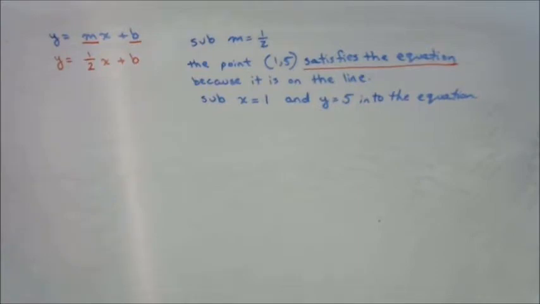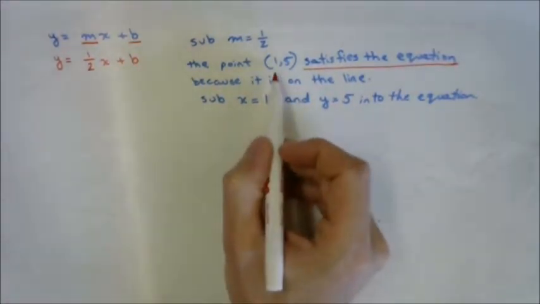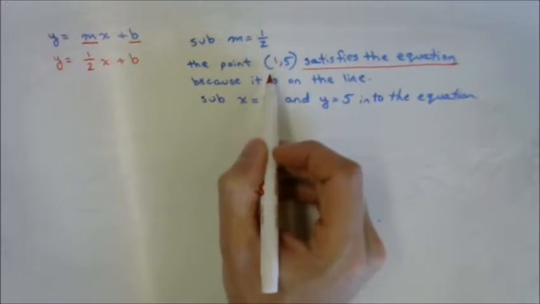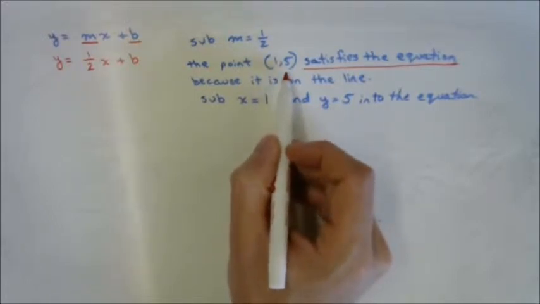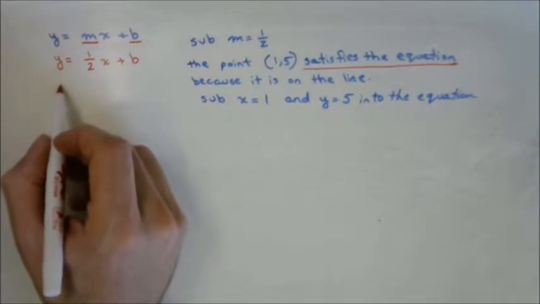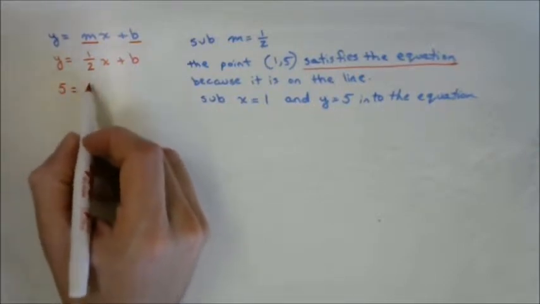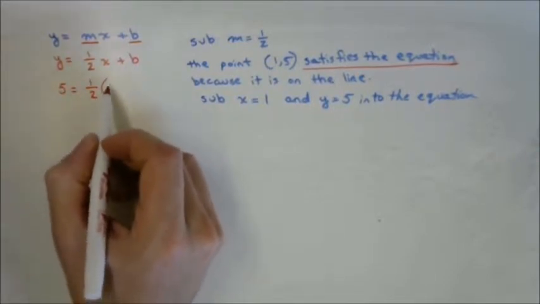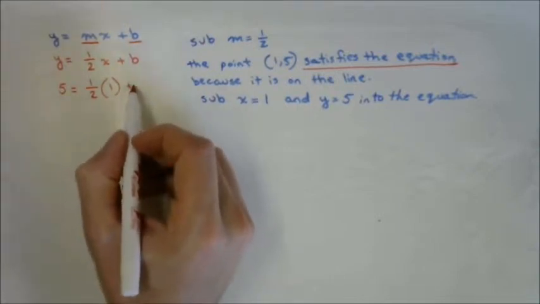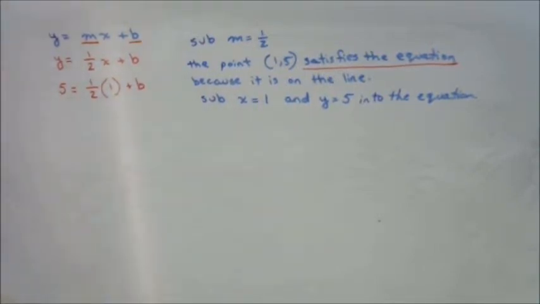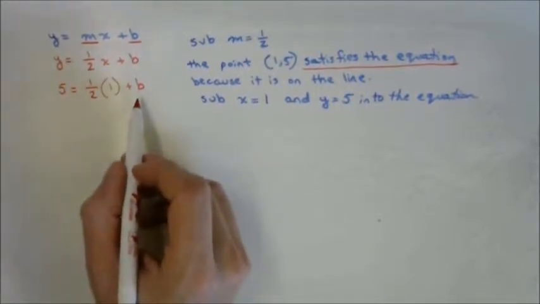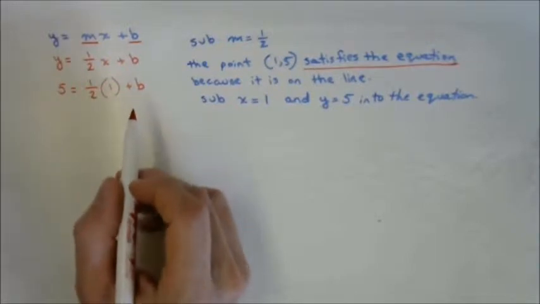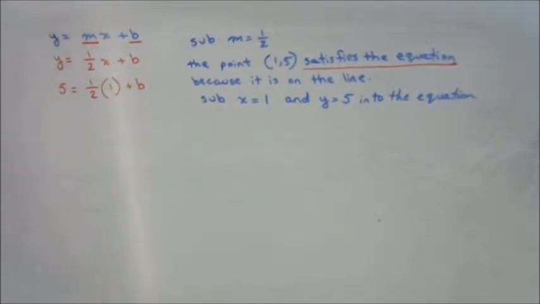There are dependent and independent variables. But in this case, I know for certain that one of the matches between x and y is 1 and 5. And watch what happens when I sub those in. So 5 for y, 1 for x, plus b. What happened to my equation? You can figure it out. Now I can solve for b, because there's only one variable left. Let's make a little note of that.